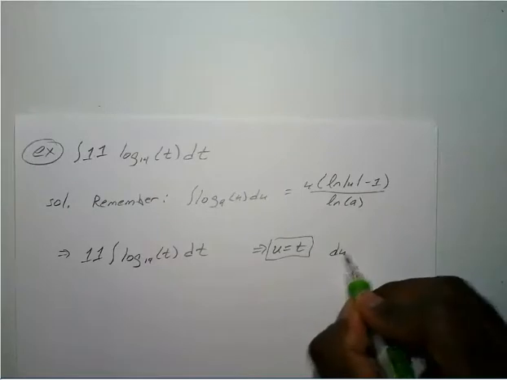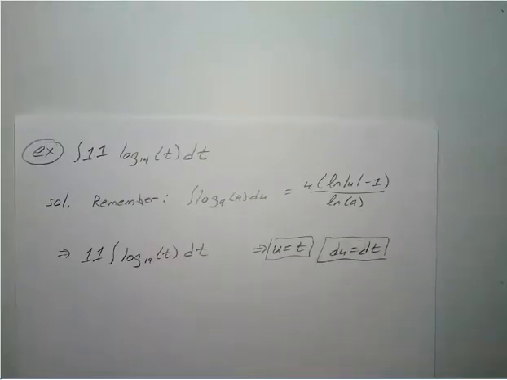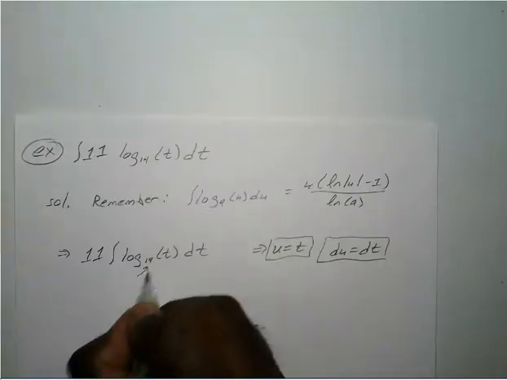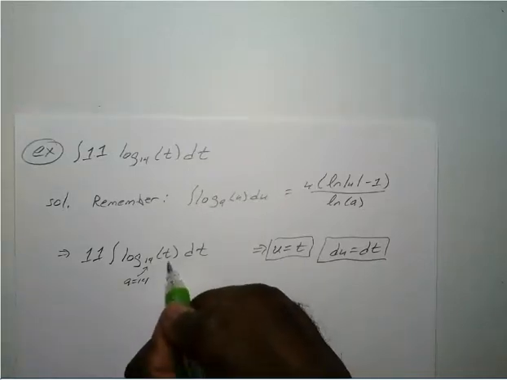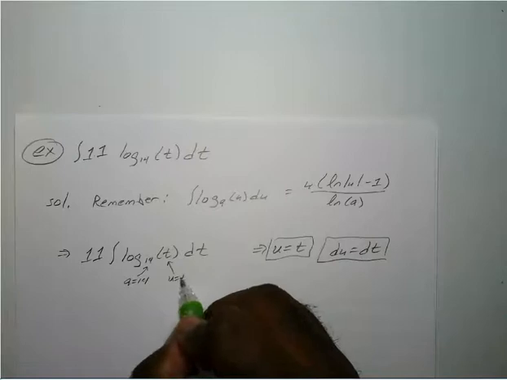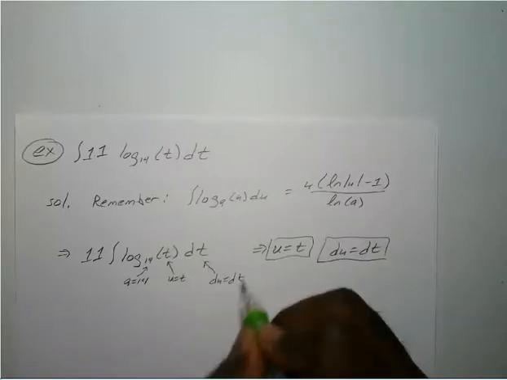And our du is just equal to dt, or 1 dt. Okay, so we can see here that our a is equal to 14. Our u is equal to t, and our du is just equal to dt.